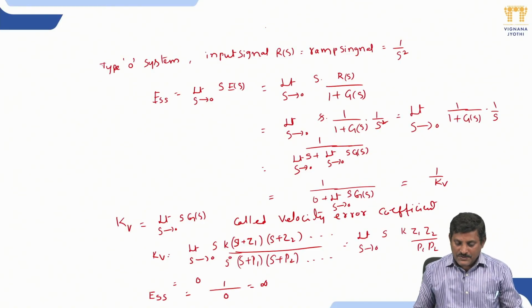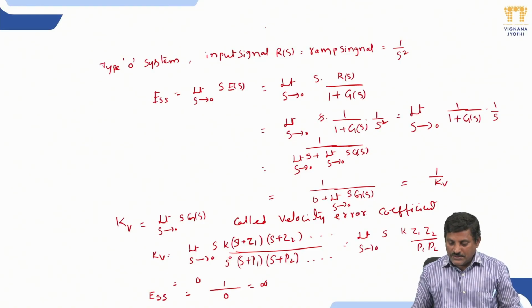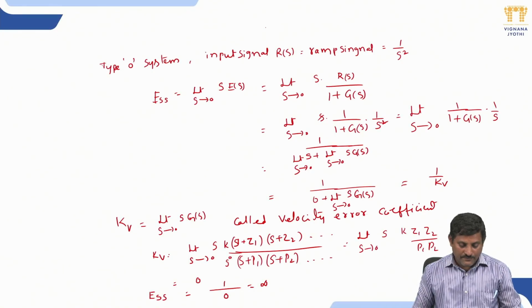In the previous case, type 0 system, input signal is unit step, so position error constant is some finite value, steady state error is equal to 1 by 1 plus Kp, so it is also a finite value. Whereas here, ramp signal for type 0 system, velocity error coefficient is equal to 0, steady state error is equal to infinity.